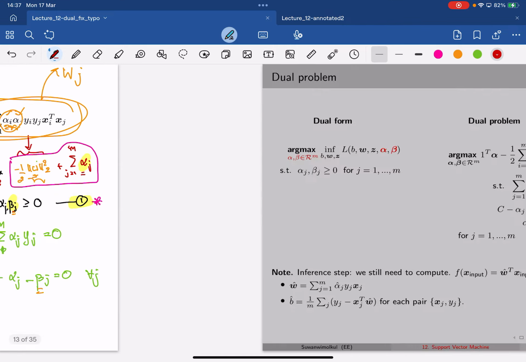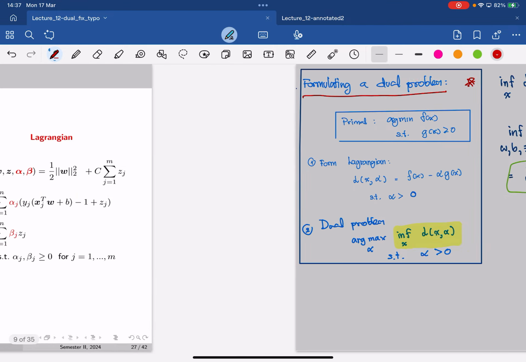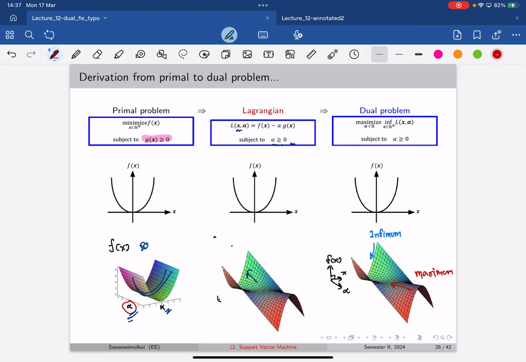And if we look at the graphical interpretation, if this is a Lagrangian objective function, it is this one, right?